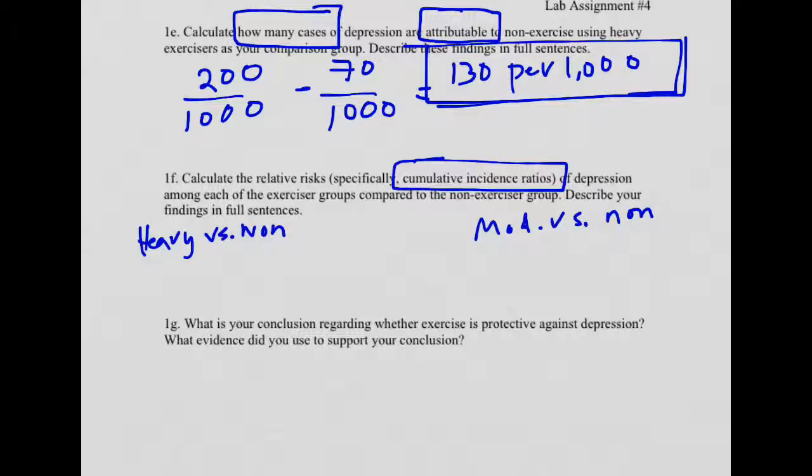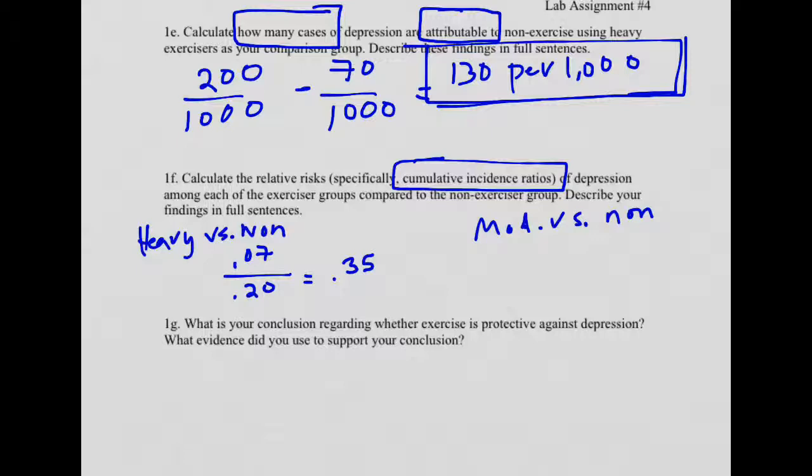For heavy, our heavy exercisers, the cumulative incidence of depression was 0.07. In our non-exercisers, it was 0.20. And this ends up equaling a relative risk of 0.35.